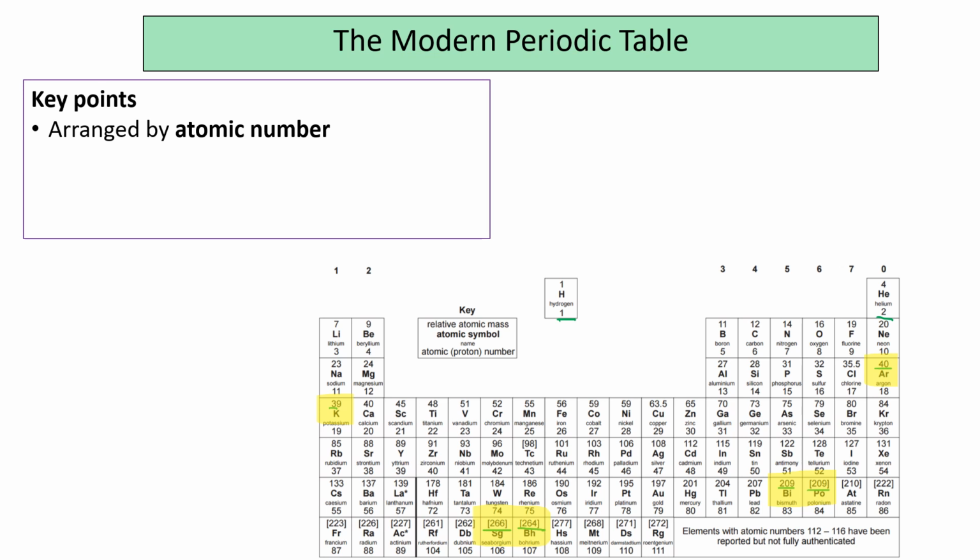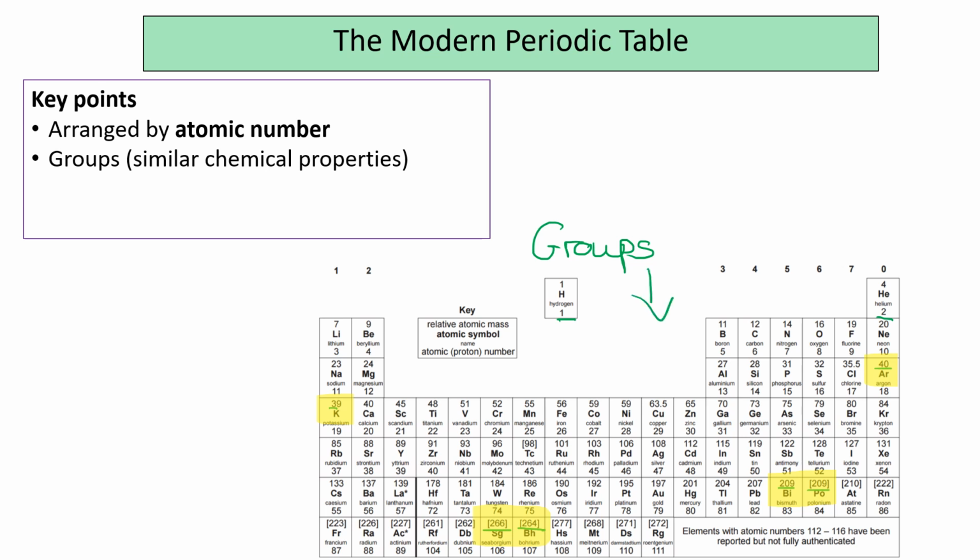We also know that the periodic table is arranged in groups. These are the columns of the periodic table, and there are 8, 1 through to 0. Groups of the periodic table have similar chemical properties. That means that they react in the same way.